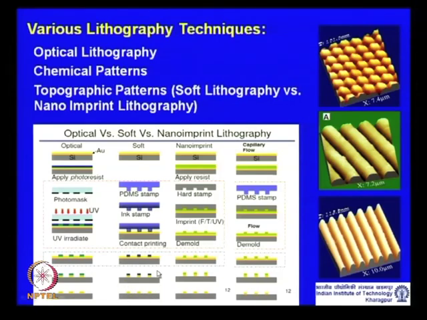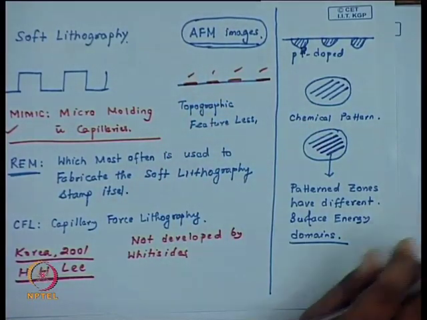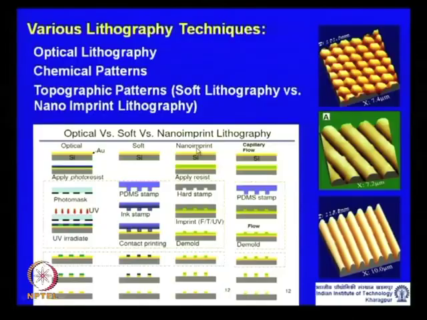So, you have alternate, let us say, hydrophilic and hydrophobic domains like this. In nano imprint lithography, you need a hard stamp with relief structures. You need to heat up the polymer so that it goes to a liquid state, or expose it to its solvent vapor, or take a liquid pre-polymer which can be UV curable or cured by IR exposure, which is liquid at room temperature.